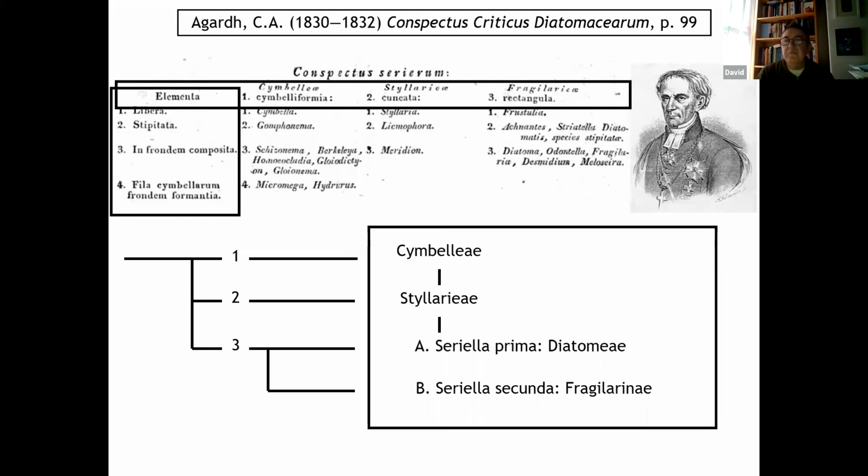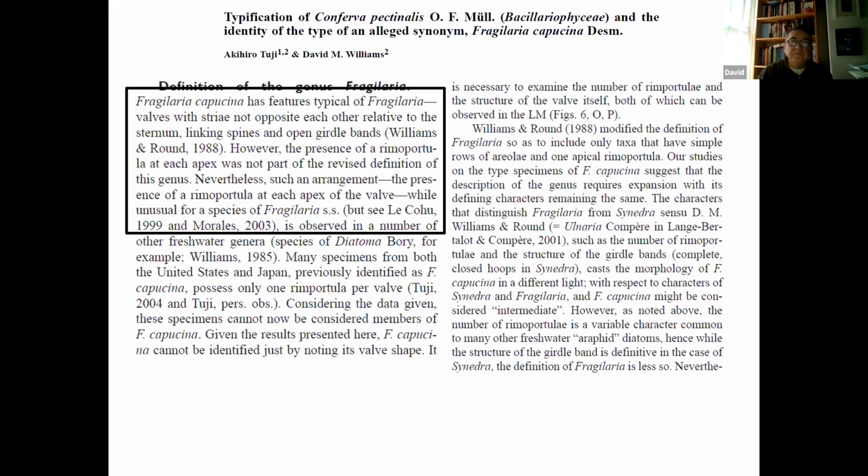Agard and Lyngby were prioritizing classification, partly because that was the place they worked in. Here's myself and Aki again. What we do is what everyone else does. We shouldn't have done it, but we did. We go on to describe what Fragilaria is like.